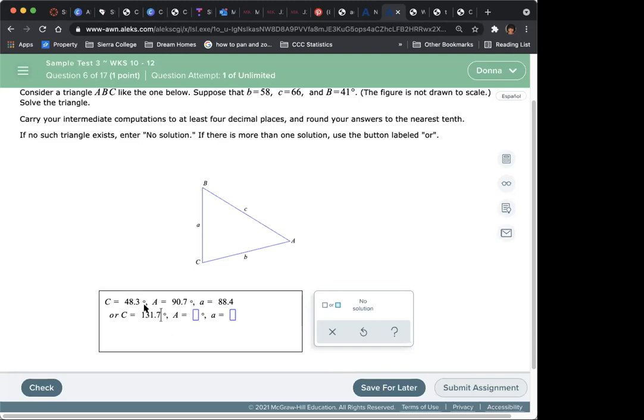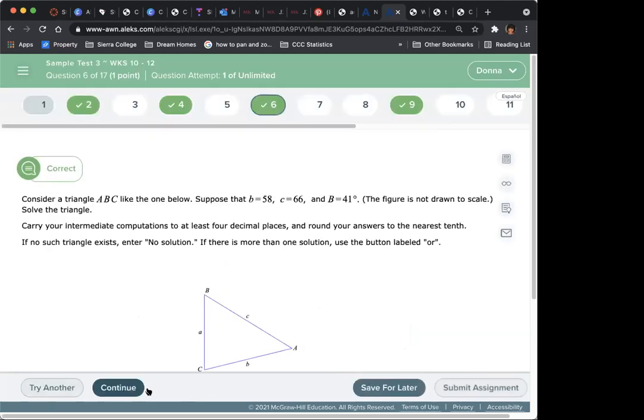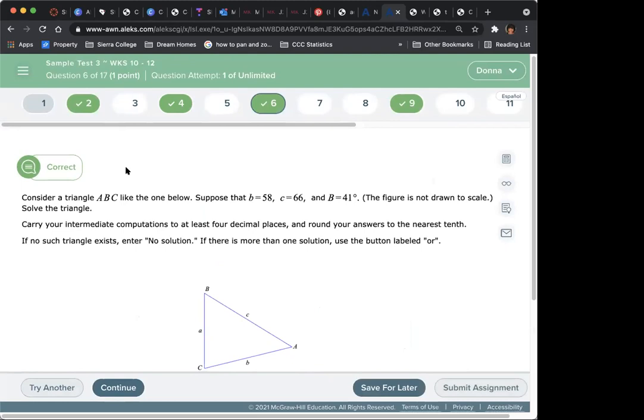That first angle differs by 180. And then 7.3. And then little a was 11.2. And we check our work. Oh, we got it correct. All right, so next on our list was 14, 16, and 17.